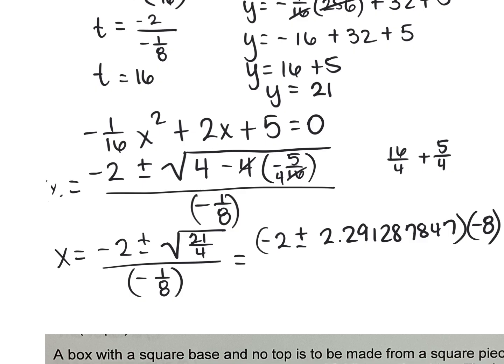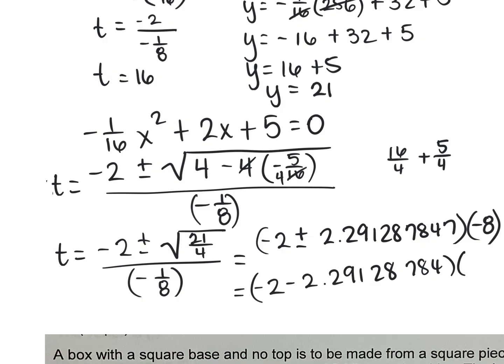It's actually a t-intercept. But in order to have that, you're going to have a positive t, because obviously our time can't be negative. So since I'm dividing by a negative, I need the top to also be negative. So I have negative 2 minus 2.291287847, and I'm going to multiply that by negative 8, which gives me a final answer of 34.33030278.